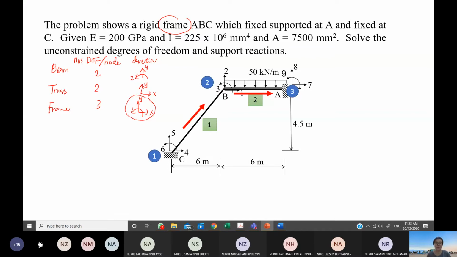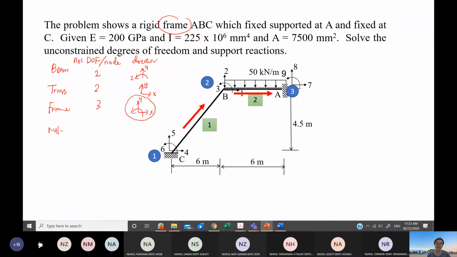Now after you have put in the DOF at each of the nodes, we need to give a number: labeling, numbering. Sometimes this numbering or coding is put in the reference book, with rules.